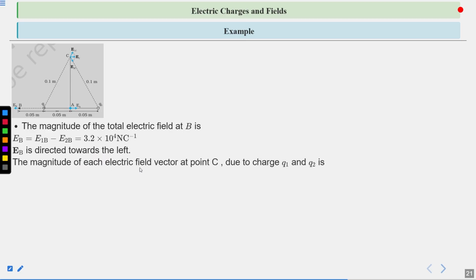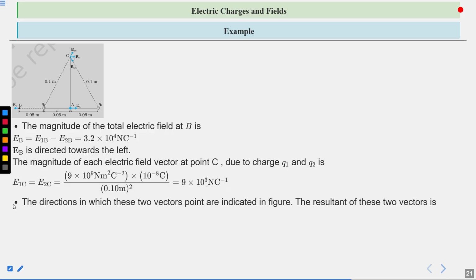So the magnitude of each electric field vector at C, due to charge Q1 and Q2, is E1C equal to E2C. The magnitude is the same, that is 9 into 10 raised to the power 3 Newton per coulomb. The directions in which these two vectors point are inclined in the figure.